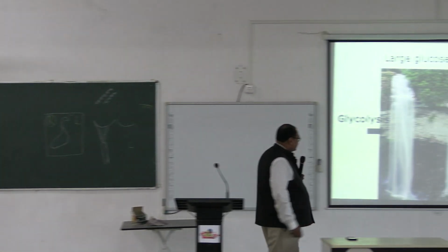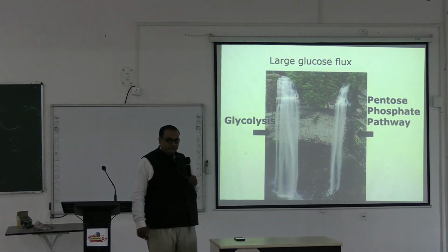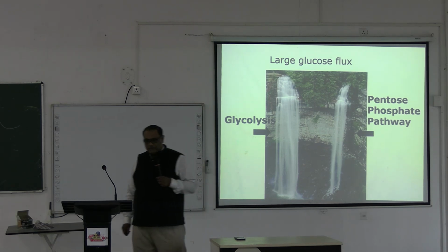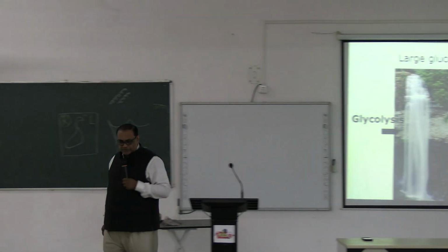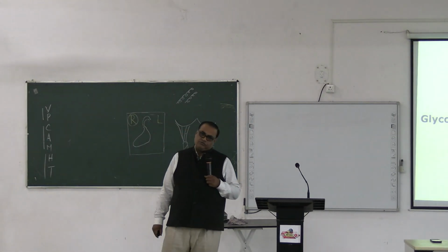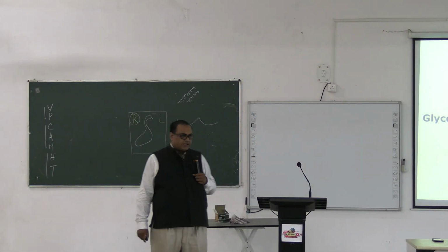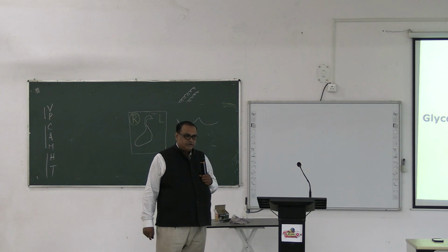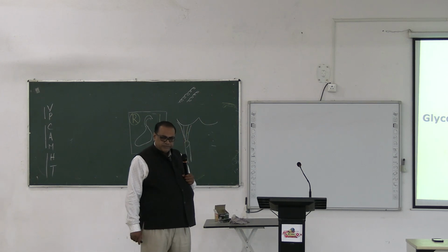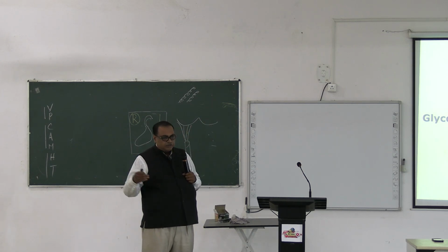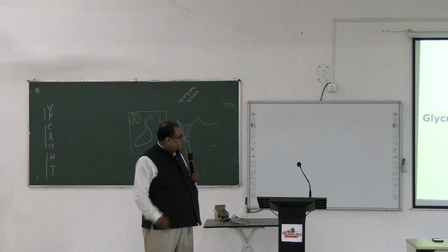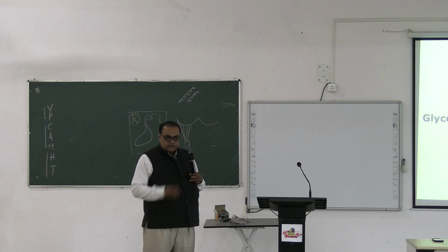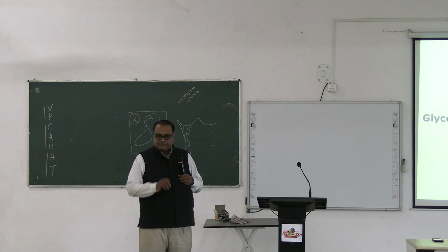It happens. So the major pathway which utilizes glucose is glycolysis. Side by side, the accessory pathways are there. One of them is pentose phosphate pathway, which also utilizes glucose. But this pathway originates from the glycolytic pathway, and it also converges with the glycolytic pathway.